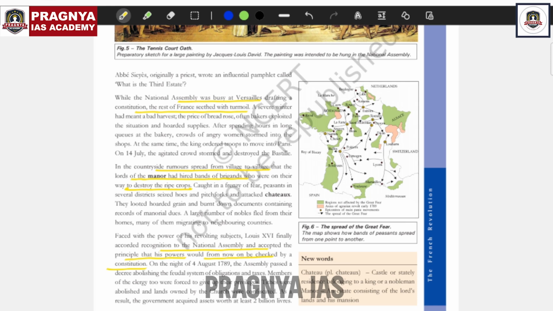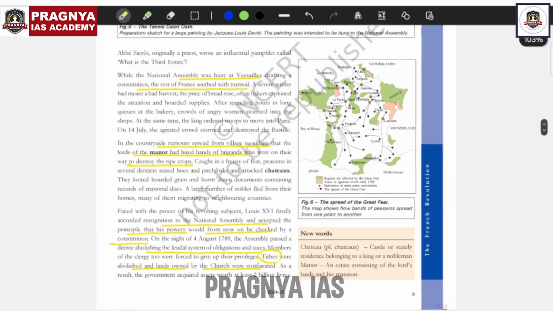On the night of 4th August 1789, the Assembly passed a decree abolishing the feudal system of obligations and taxes. Tithes, the taxes collected by the church, were also abolished, and the lands owned by the church were confiscated. As a result, the government acquired assets worth at least 2 billion livres.